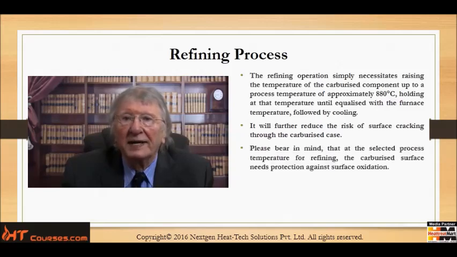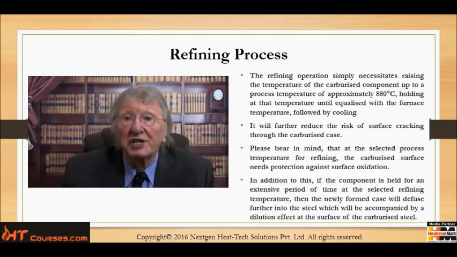Please bear in mind that at the selected process temperature for refining, the carburized case will need protection against surface oxidation. In addition to this, if the component is held for an extensive period of time at the selected refining temperature, then the newly formed case will begin to diffuse further into the steel, which will be accompanied by a dilution effect on the surface of the carburized steel.